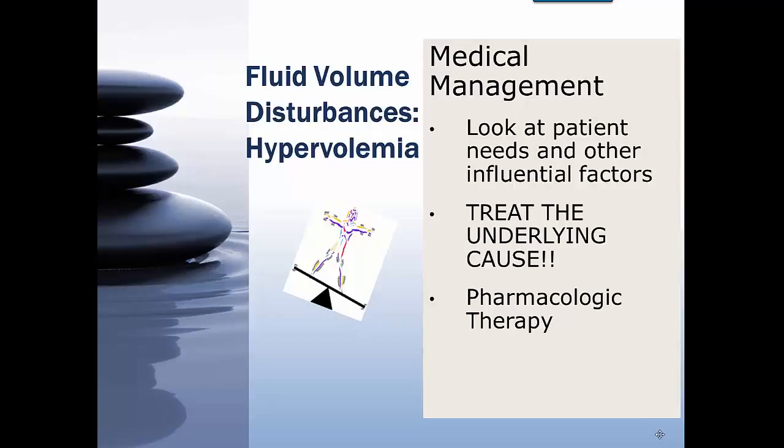Loop diuretics, like Lasix and Bumex, cause a greater loss in sodium and water, and they block sodium reabsorption in the loop of Henle. They are prescribed for severe hypervolemia, but they also will be used cautiously if a patient's potassium level is lowered.